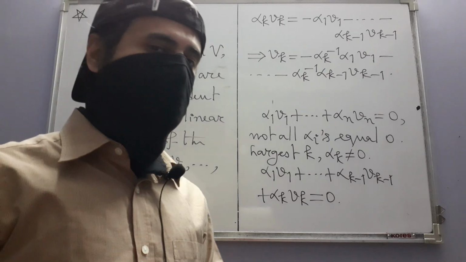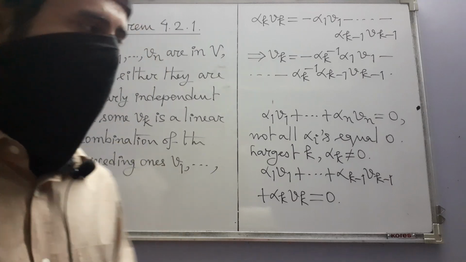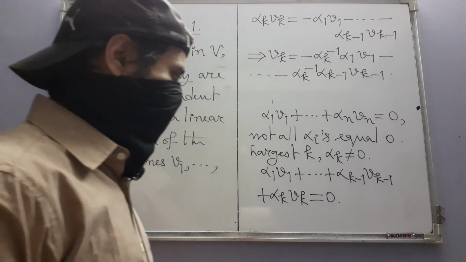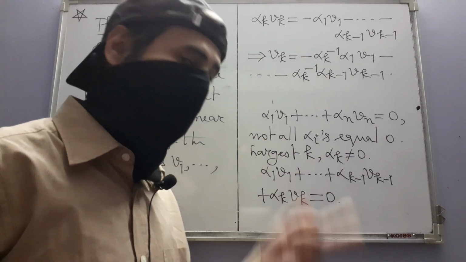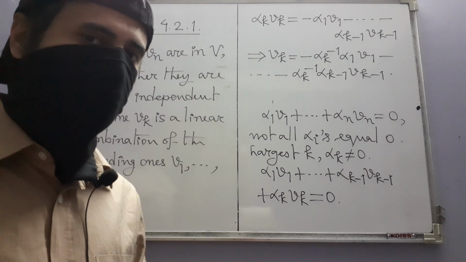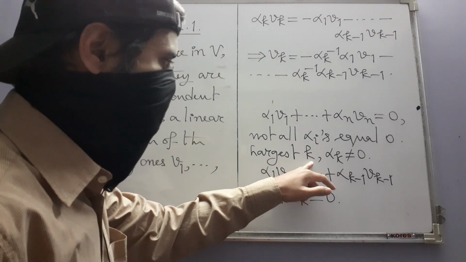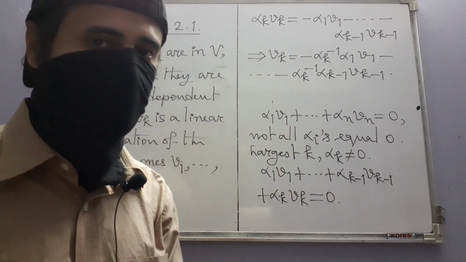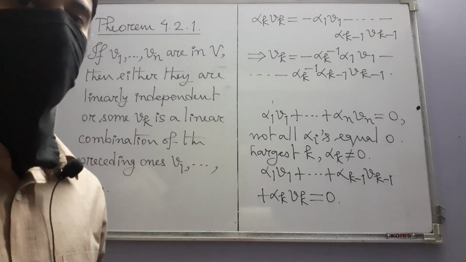However, do you notice something wrong with this? Are we not assuming here that k is greater than 1? What is k? k is the largest index for which the coefficient is not equal to 0. What if k is itself 1?